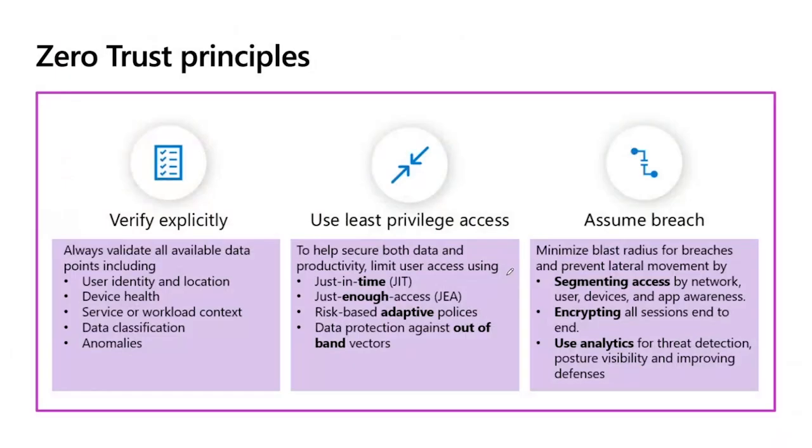Also, we should understand that every new connection may be a breach. So for that security, we can minimize the blast radius. We can use segmenting access, segmenting network. We can encrypt all sessions and data, and we can use analytics for threat detection, maybe posture visibility, maybe we can say hunting activities. These all things we can perform under analytics.